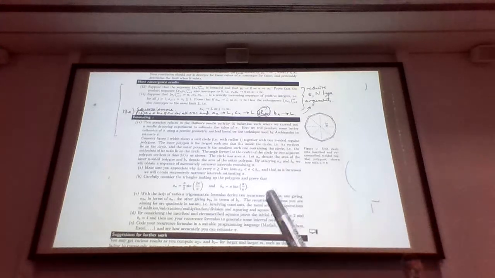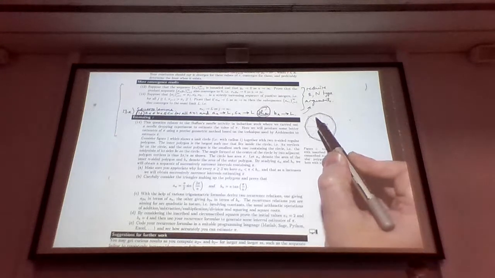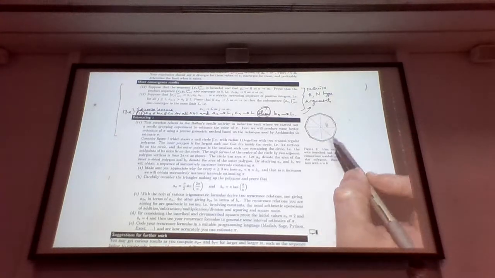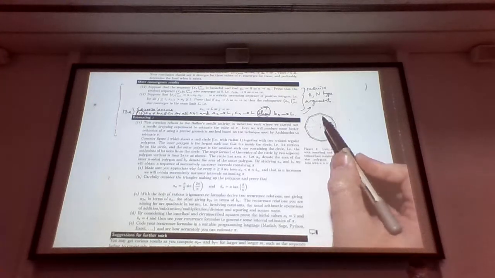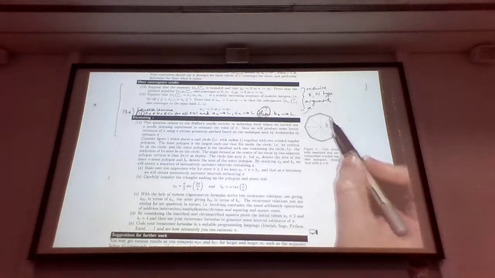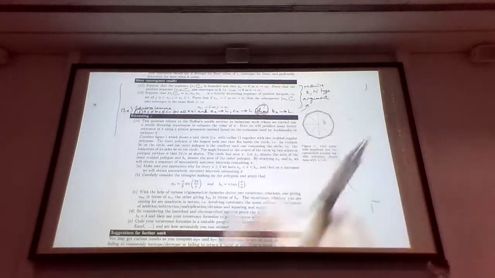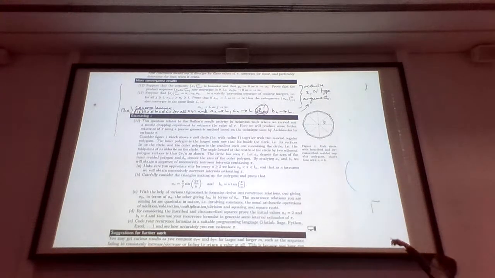This is a more analytical way of estimating pi, based on thinking about regular polygons, figures made up of n straight lines: the largest n-sided polygon you can put inside the circle, and the smallest n-sided polygon you can put outside the circle.